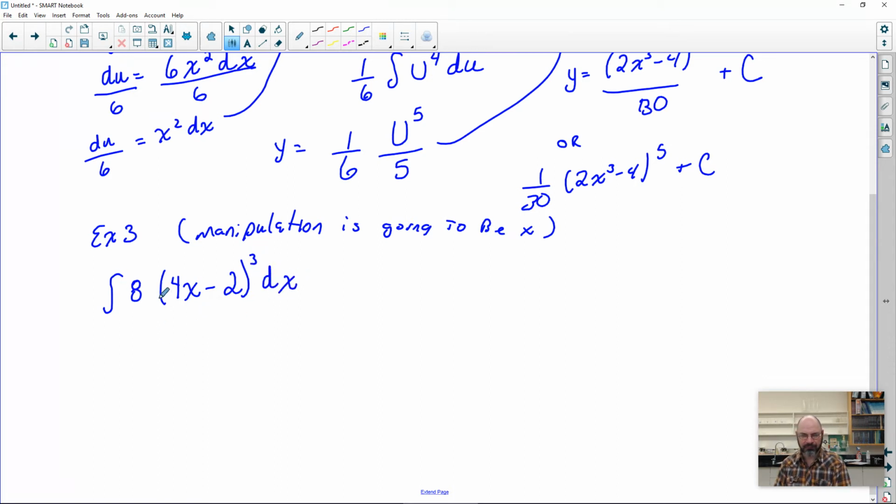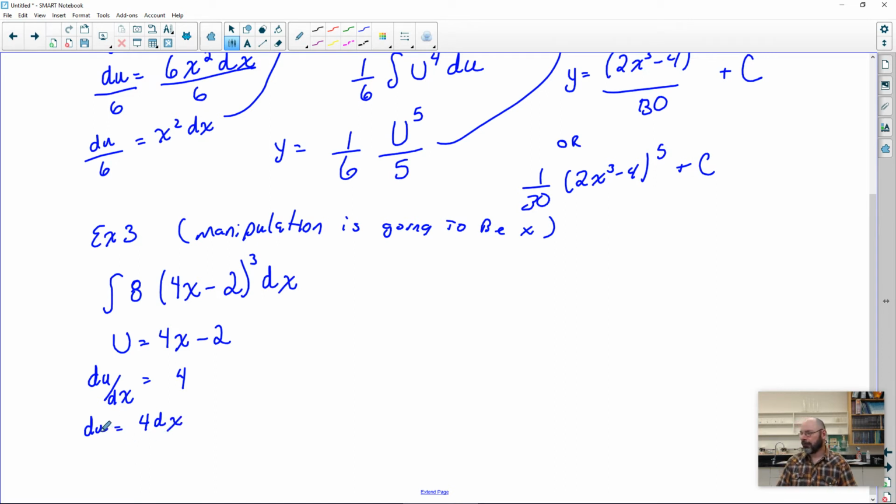Our first step is to take the u here and define it as that variable, and then find du. du/dx equals 4, and then du equals 4 dx.